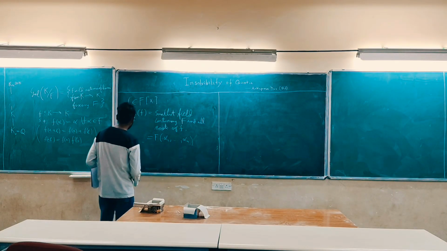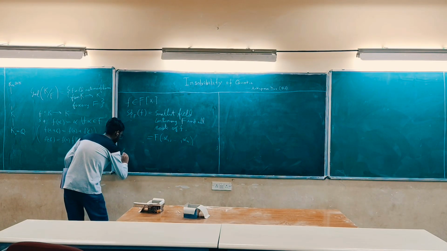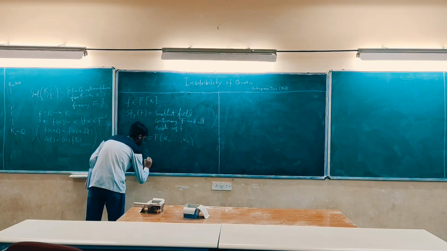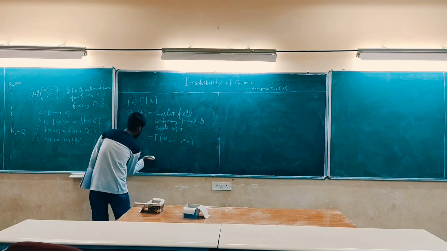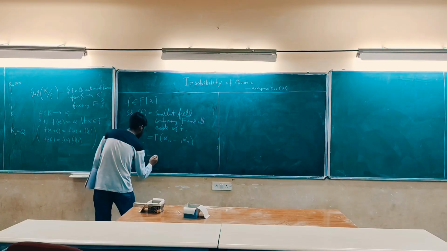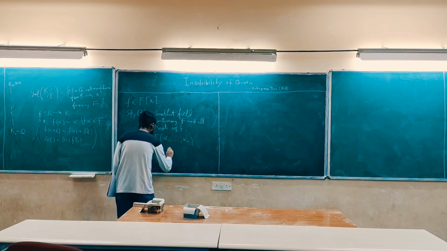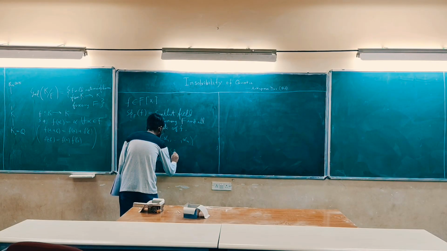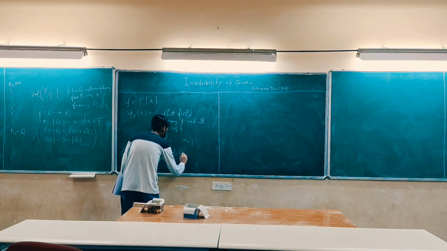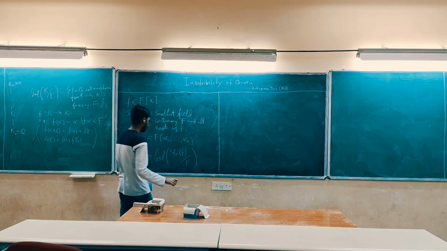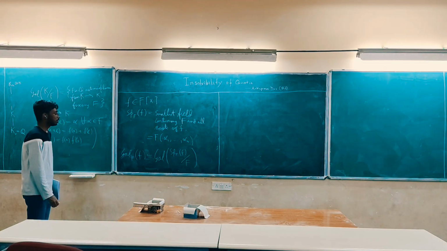Now I define the Galois group of the polynomial. This is a definition of the Galois group of a polynomial.